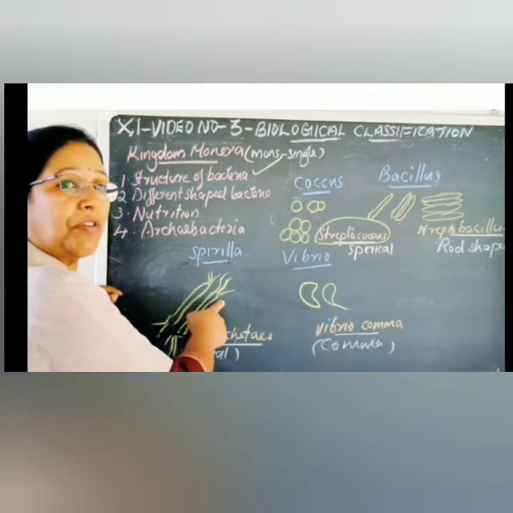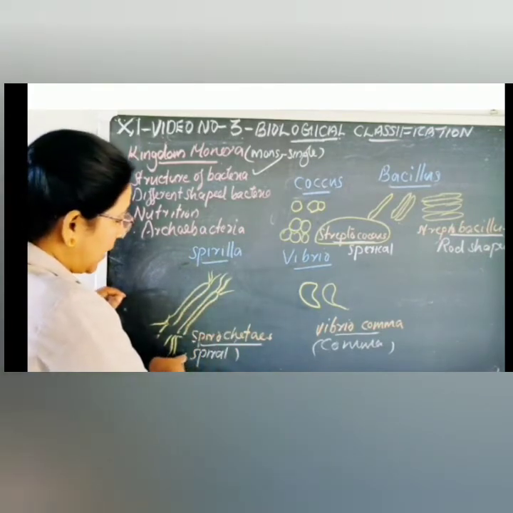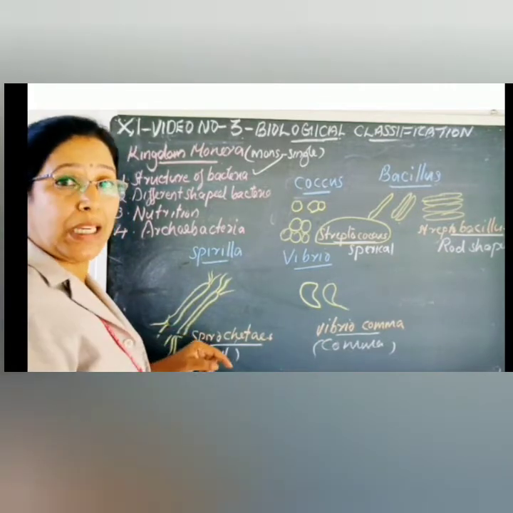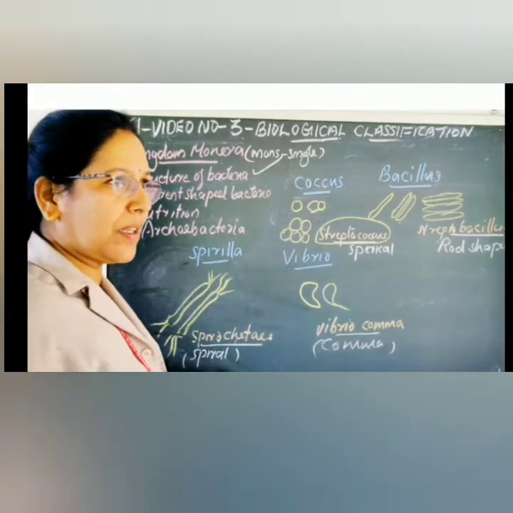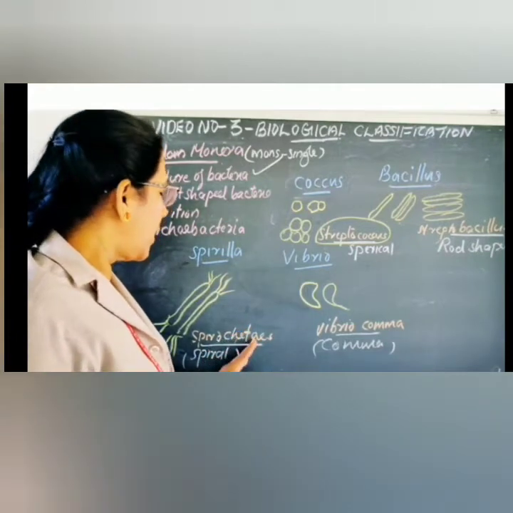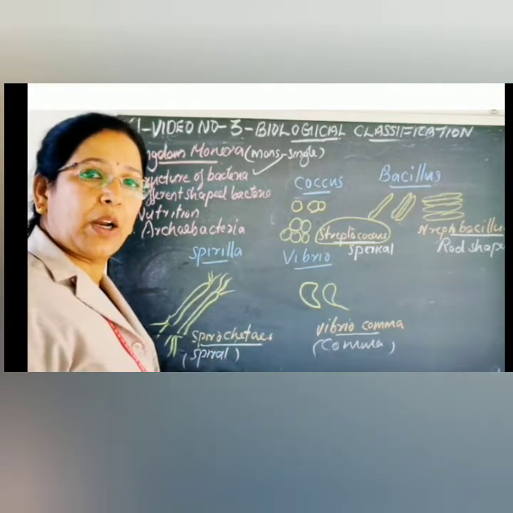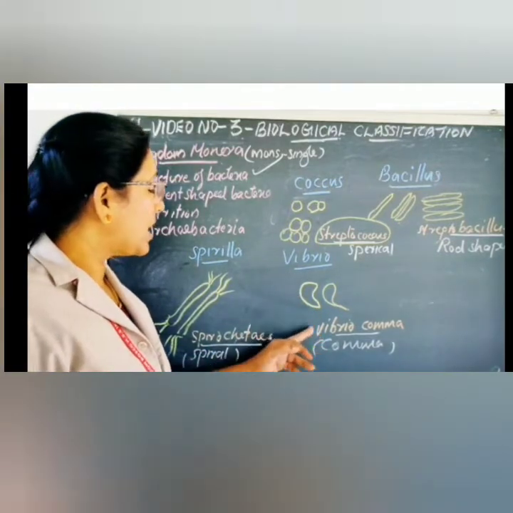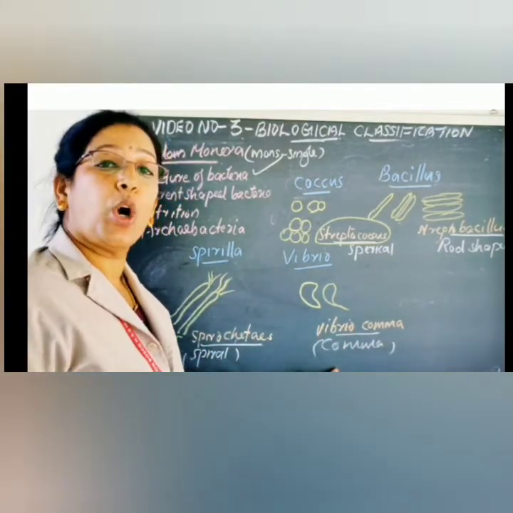It is having flagella and the example is Spirochete. The example is not in the NCERT. In the diagram you have to write down the example below also. Then Vibrio, comma shape. Vibrio, comma.